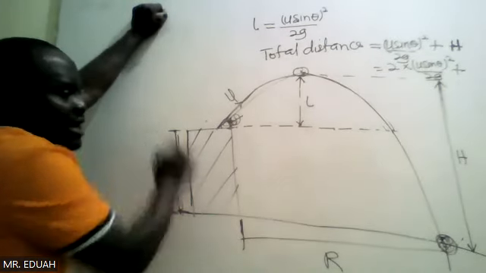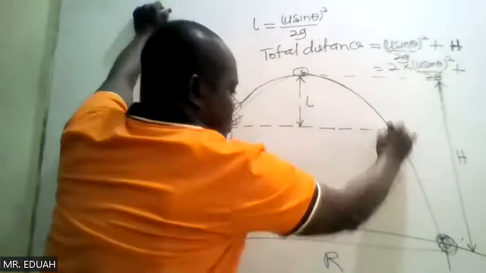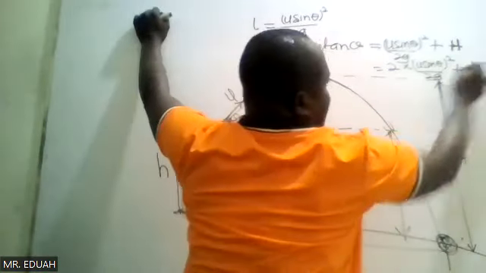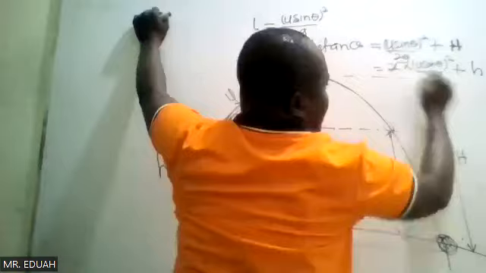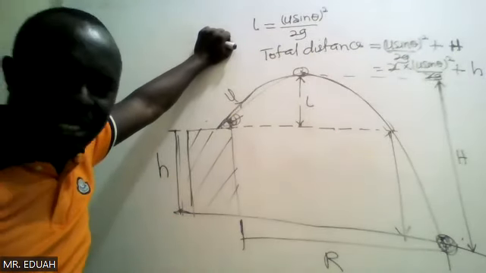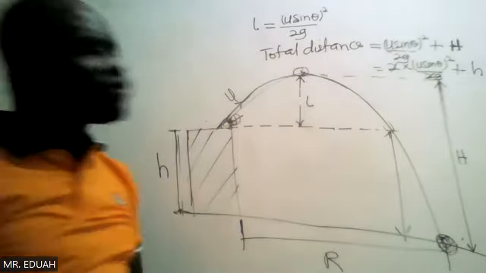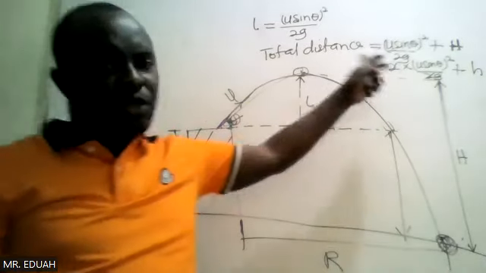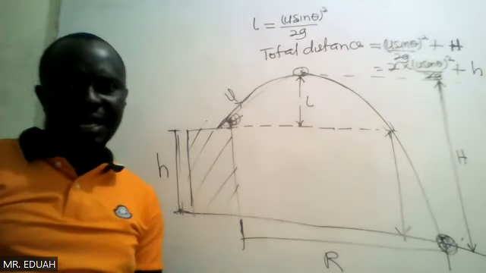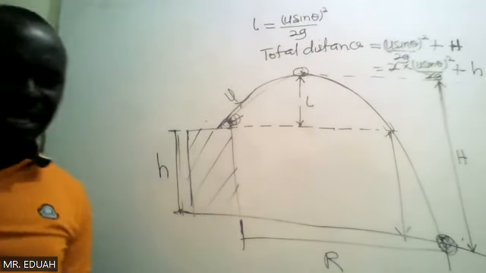The height of the tower is given as h. So plus h. Therefore, this and this will cancel. I have u sine theta squared over g plus h. So if it's about the total distance covered, this is how I can get that. Please, are we fine?